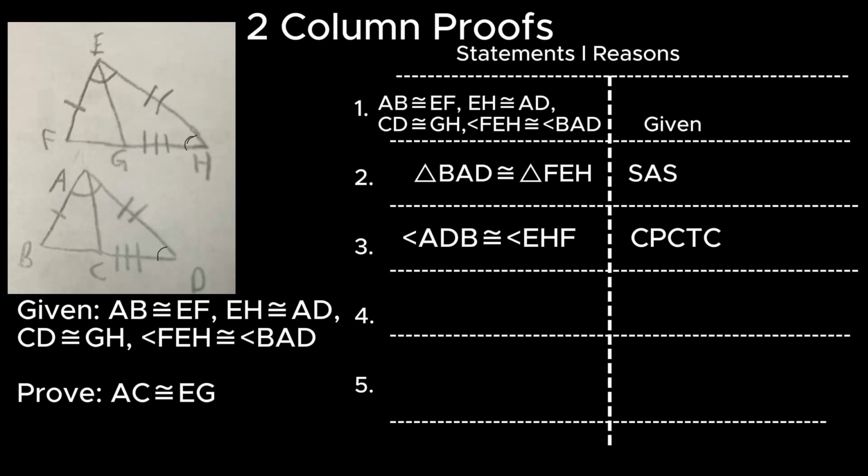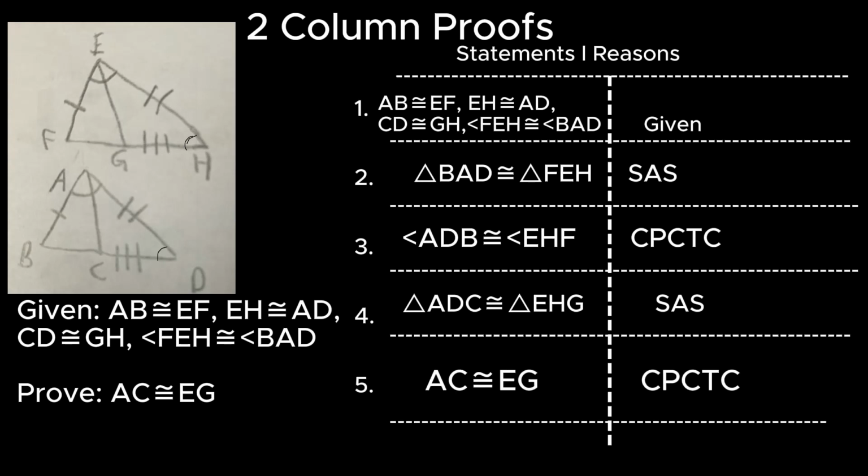CD is congruent to GH, that's another side. And the angle we just proved congruent, EHF and ADB, is the included angle. So we can say that triangle ADC is congruent to triangle EHG because of SAS.